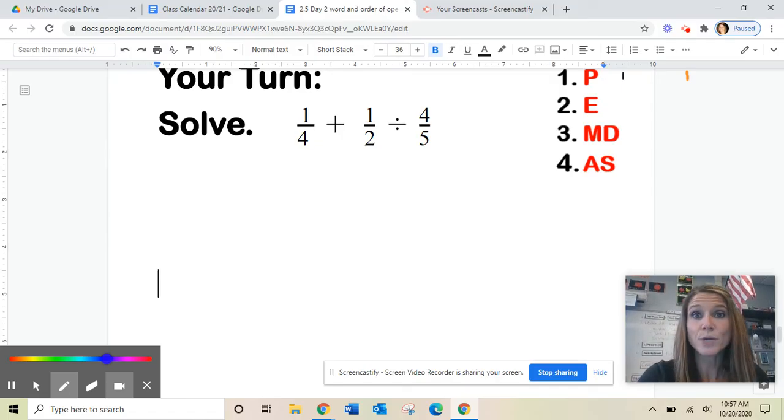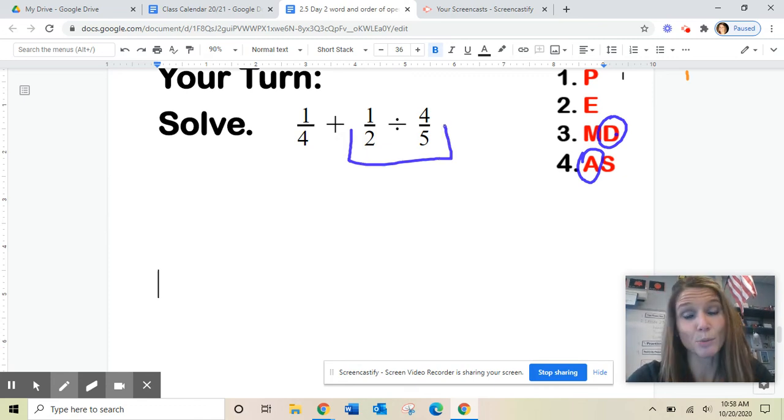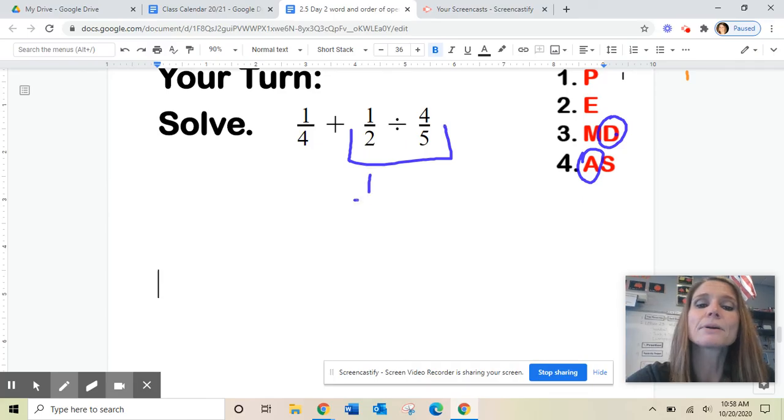And I know that between those two, your division comes before your addition. So we're going to focus on the division first because it's more important according to order of operations. So when we set this up as a division question, we'll keep it. We'll change to the opposite, which is multiply. And we're going to flip over your fraction.